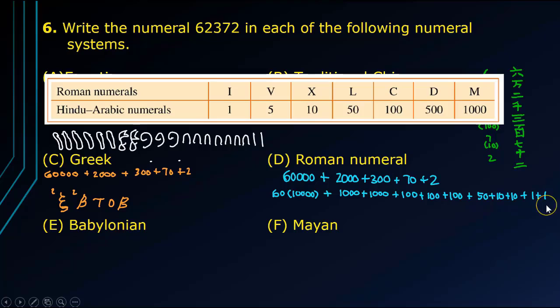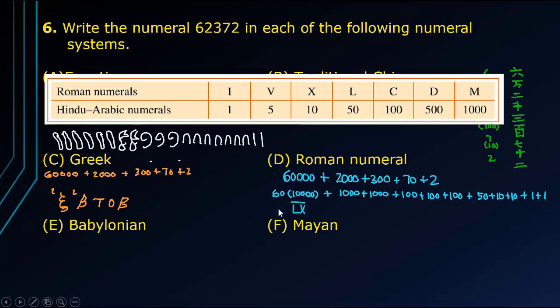And 1 plus 1. If I have any numbers with 9s in them, or even some numbers with 4s in them, because like for the 50 and the 500, I have to be aware of the subtraction convention with that. Instead of saying X X X X for 40, I would say XL for 40. So I have to keep track of those as well.